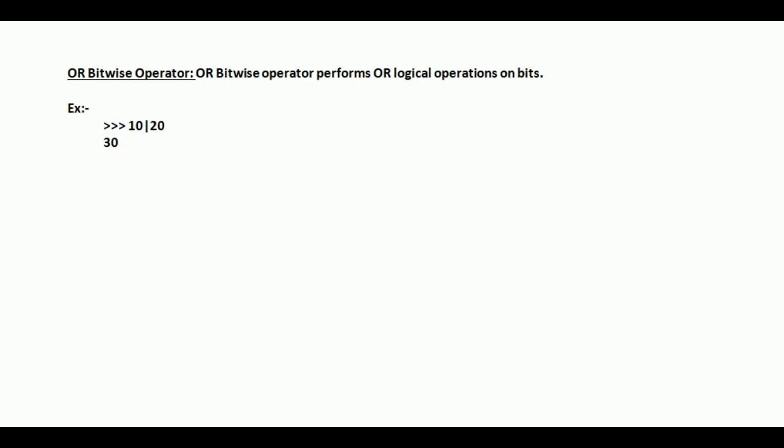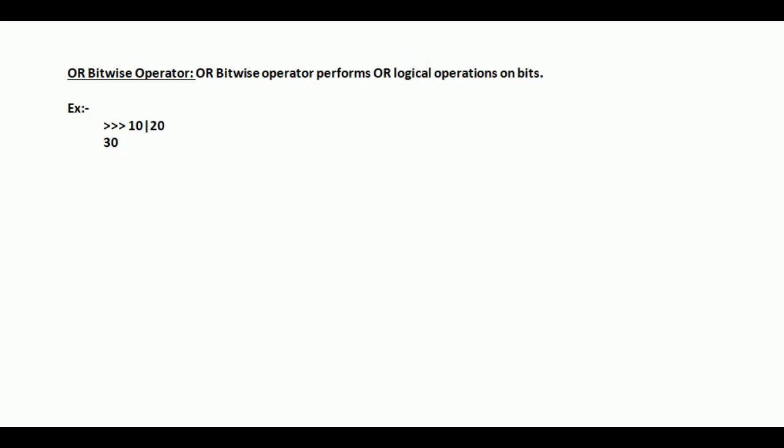We will follow a step-by-step procedure. First, we convert these decimal numbers 10 and 20 into binary numbers. Then, after conversion, we combine the binary digits using the OR logical operation. Then we find the resultant value in the form of binary digits.